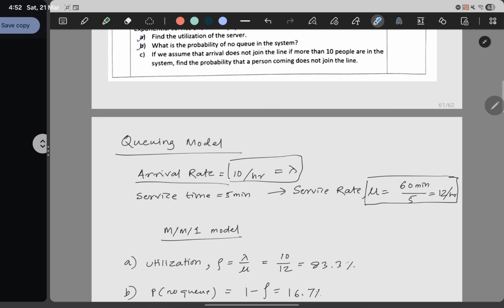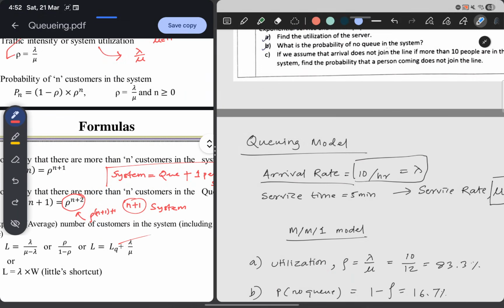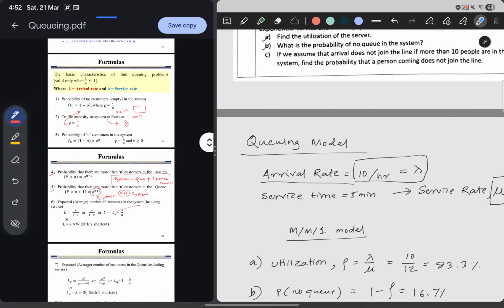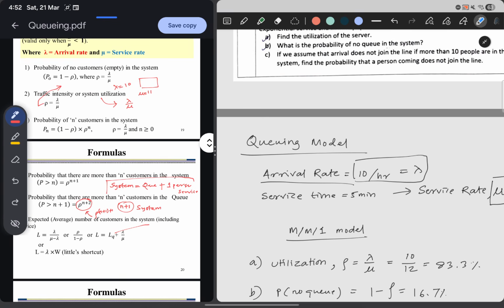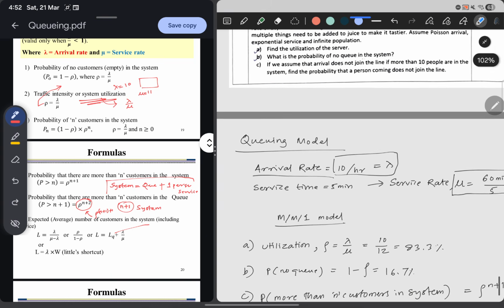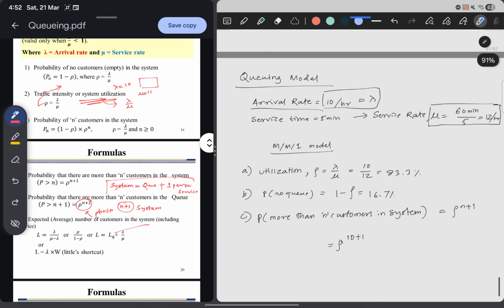You can see that in the formula also: the first formula, system utilization or traffic intensity, is basically the utilization of the server. It's nothing but 10 by 12, or 83%.